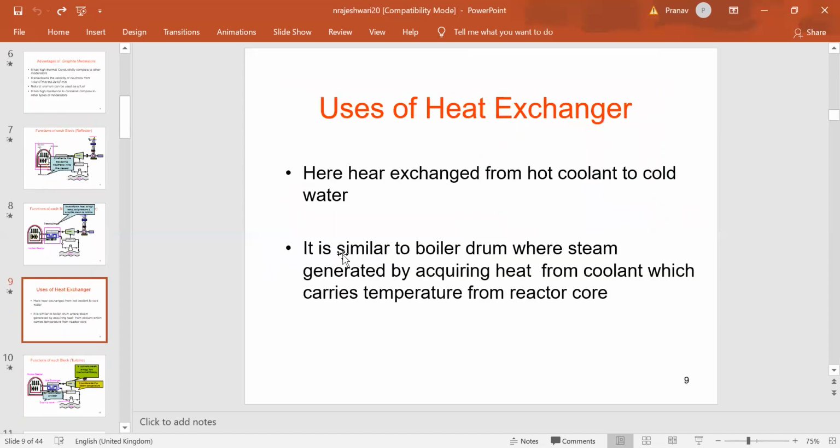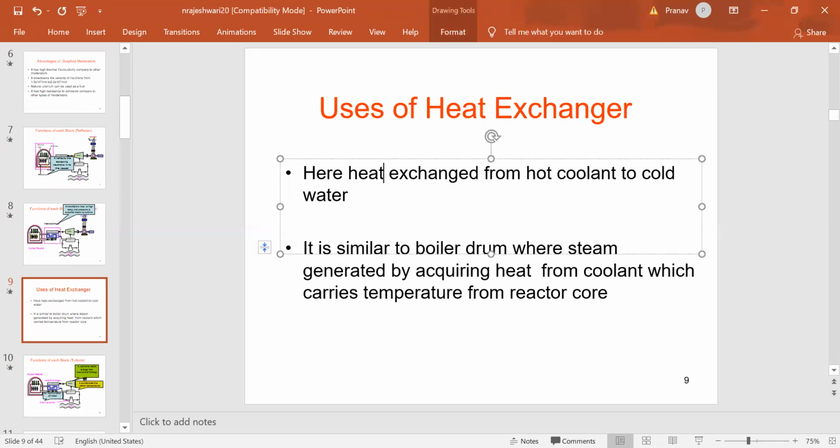The use of the heat exchanger is to exchange heat from hot coolant to cold water, and it is similar to a boiler drum where steam is generated by acquiring heat from the coolant, which carries temperature from the reactor core.